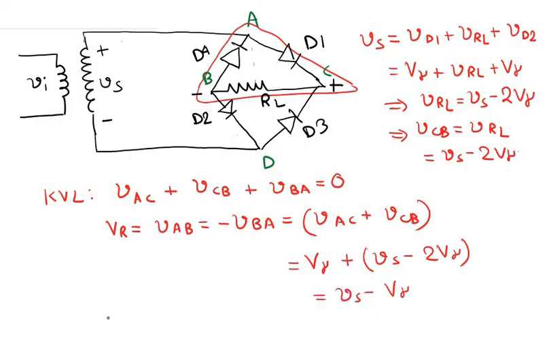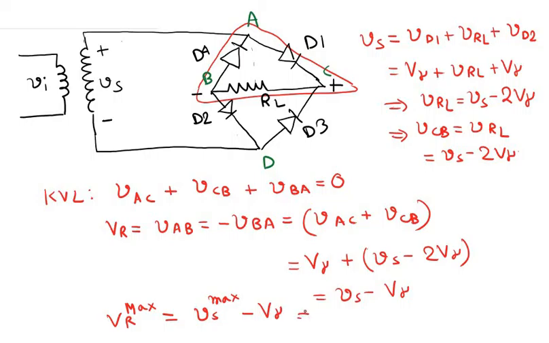Now the maximum reverse voltage drop across the diode, Vr max, occurs when Vs is at its maximum value, because V gamma is essentially a constant. So Vr max is Vs max minus V gamma.